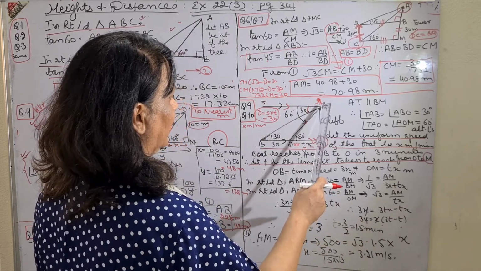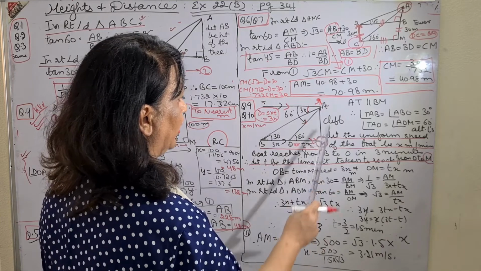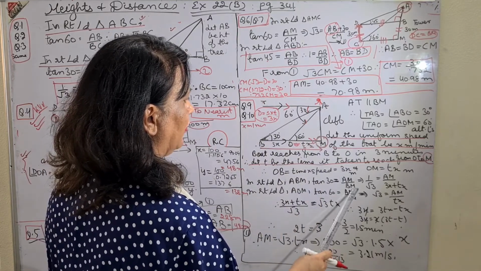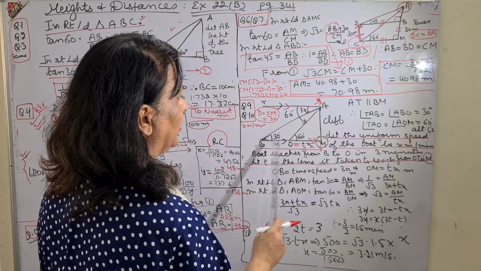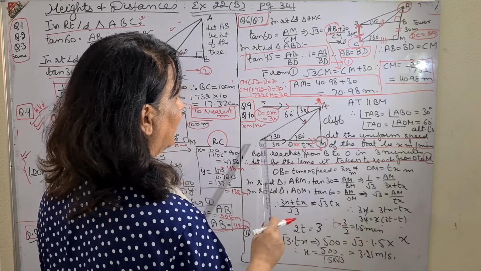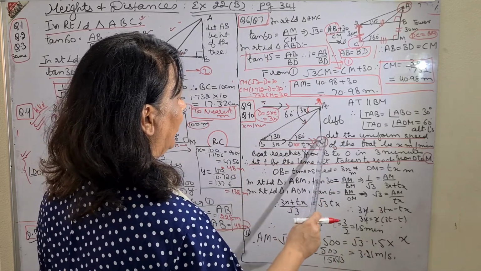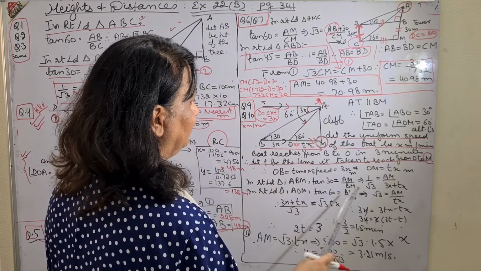Now in right angle triangle ABM, tan 30 is equal to AM upon BM, which is 1 over root 3. BM can be written as BO plus OM, 3x plus tx. Similarly, in right angle triangle AOM, tan 60 is equal to AM upon OM.